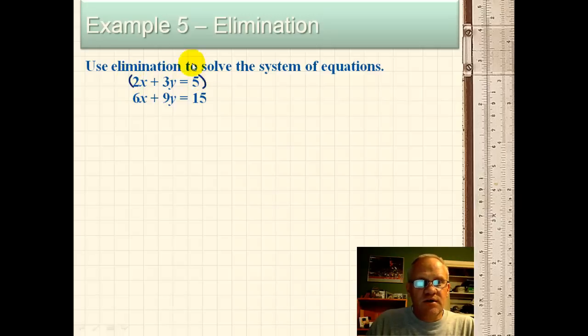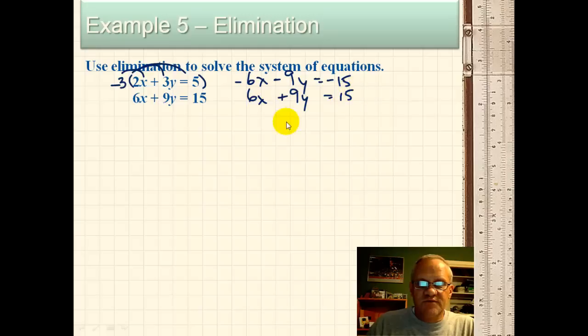And again, if you're thinking ahead a little bit, not just 3, but negative 3, because then that's going to give me a negative 6, okay? So distribute there, that's going to give you a negative 6x minus 9y, and then equals a negative 15. And then the bottom one can stay the same, 6x plus 9y equals positive 15.